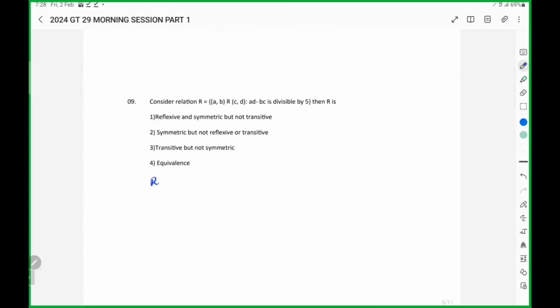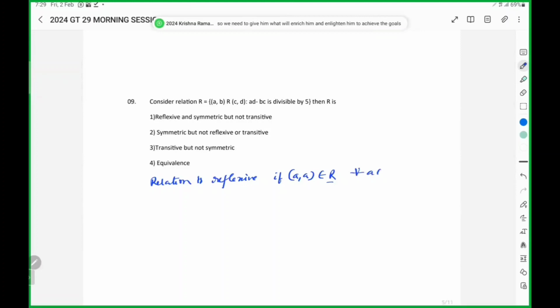So you know, the relation is reflexive if a comma a belongs to R for all a belongs to R. When do you say A means one element?